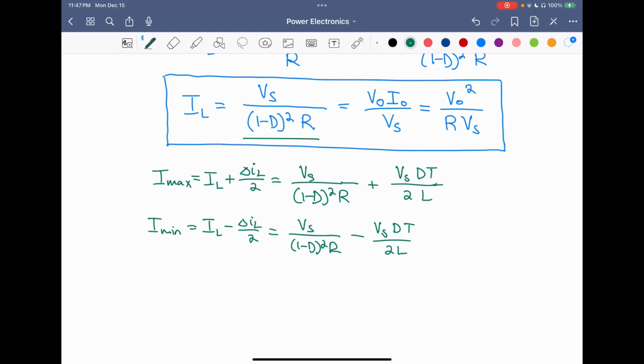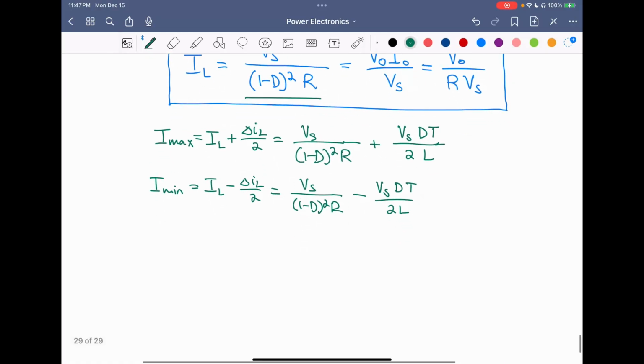Now, in our assumptions, it was key that the inductor current is continuous, meaning that i of t is always positive. And that means that we need the minimum inductor current to be always greater than 0. So if we require that I min is greater than 0, we can solve this inequality to find the inductance and the period that we would need to ensure that we have continuous operation.